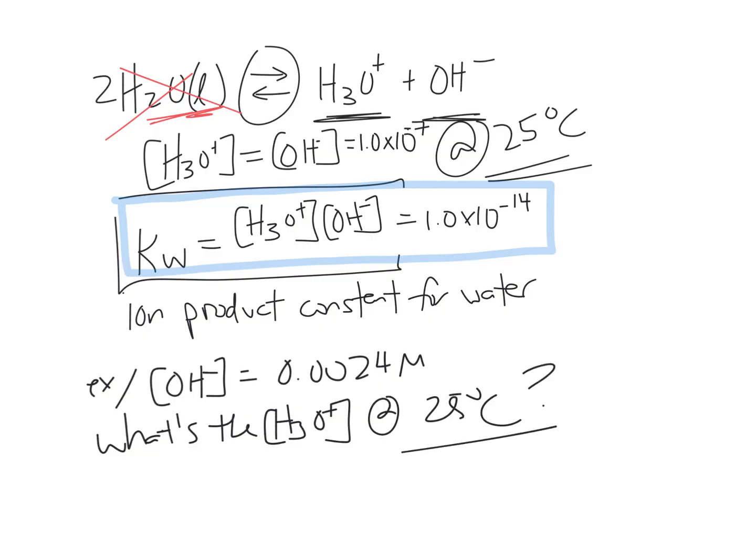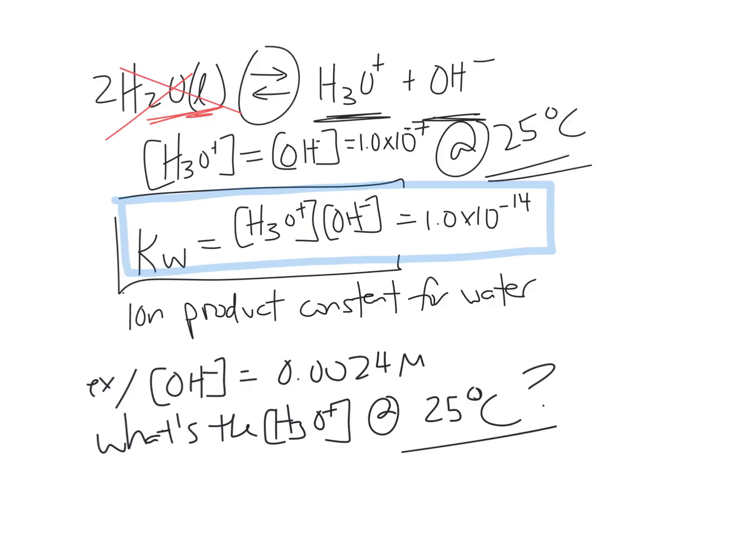And it does need to be specified that it's at 25 degrees Celsius, otherwise there could be a little bit of ambiguity. In most of these questions in high school chemistry, they'll just assume it's at 25 degrees. If it wasn't, you would need a big chart with a little bit more details on how it changes.